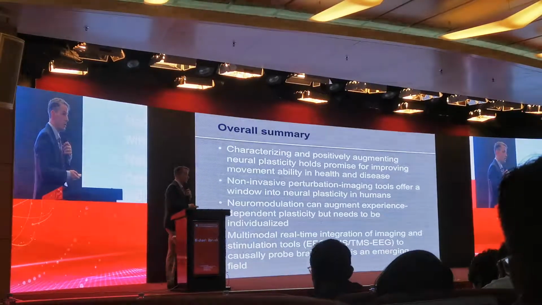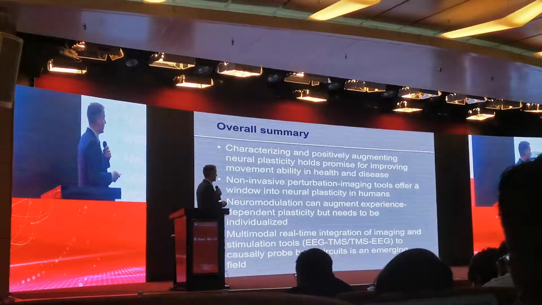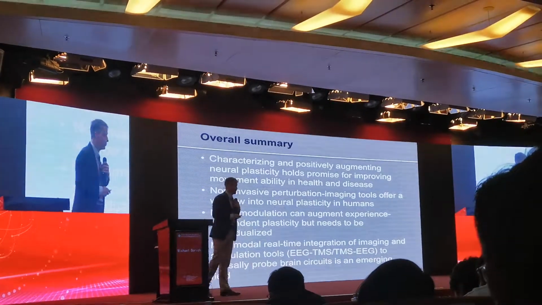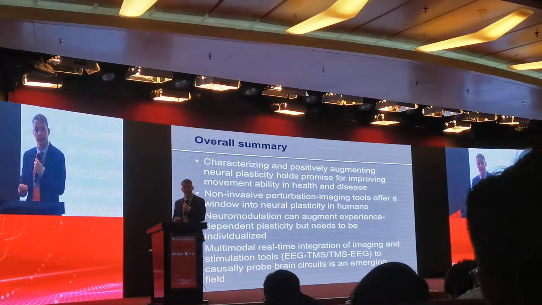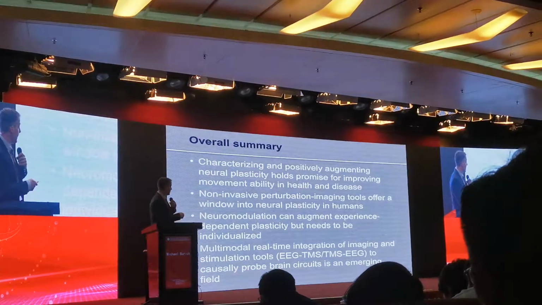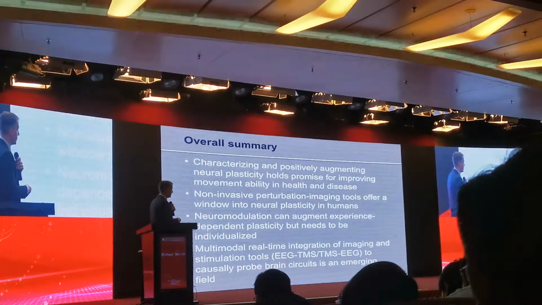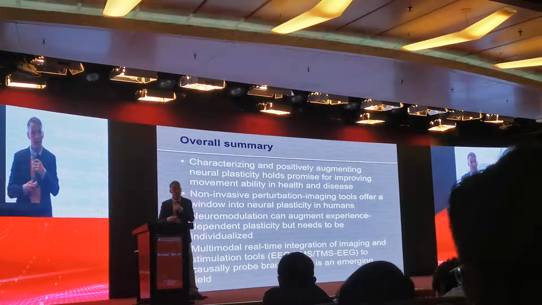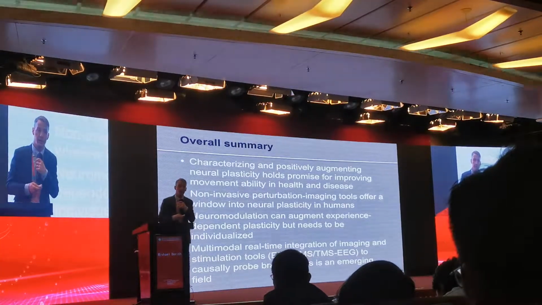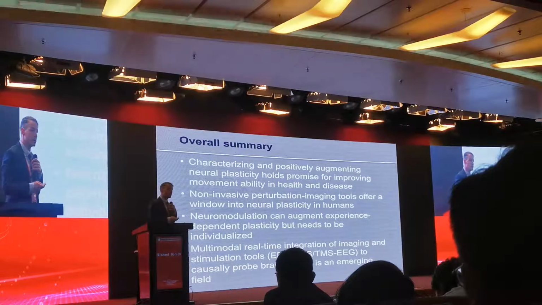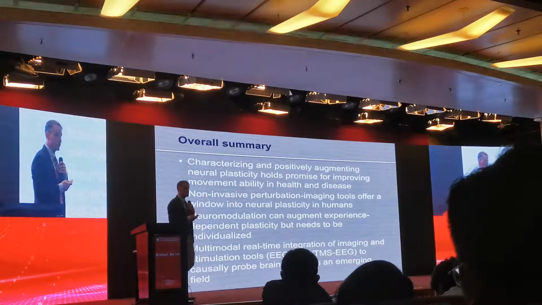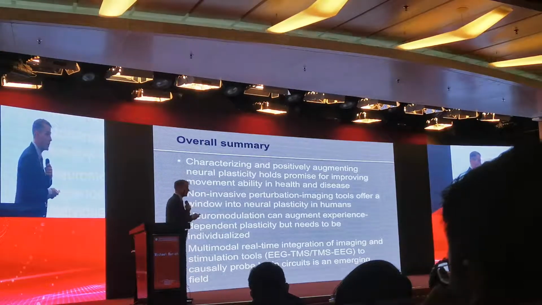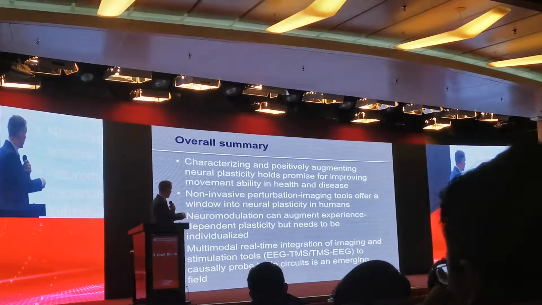So overall, I hope that I've convinced you that characterizing and positively augmenting neuroplasticity has potential for improving movement ability, both in health and in disease. Non-invasive perturbation and imaging tools really offer a window into neuroplasticity in humans. And if we think that neuroplasticity underlies our ability to learn, these tools are critical for increasing our understanding of how humans are able to learn and relearn in the context of disease and injury.